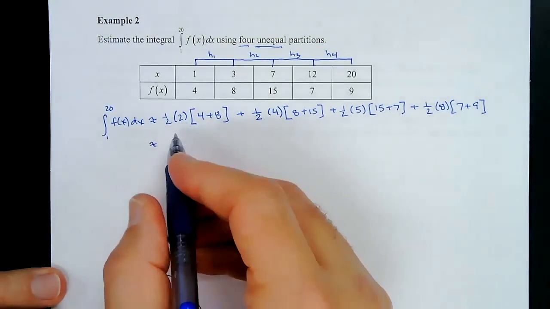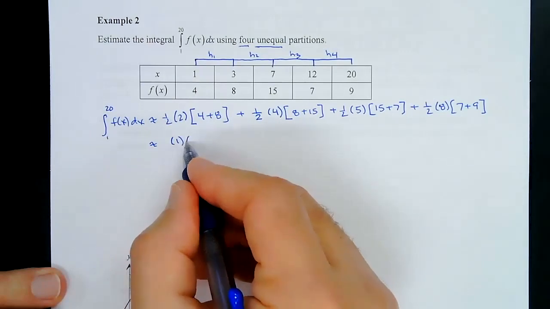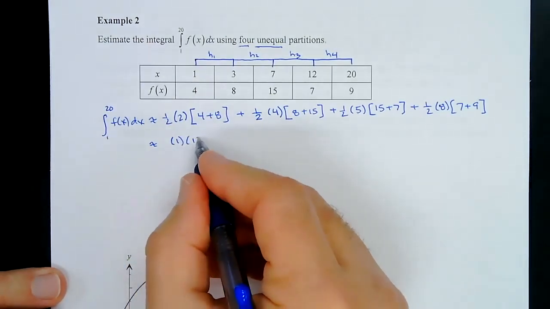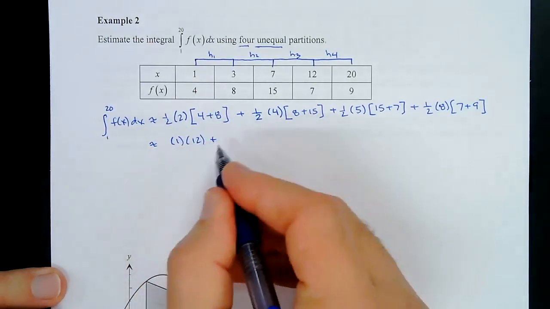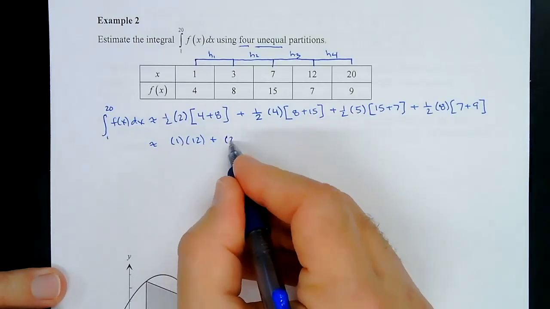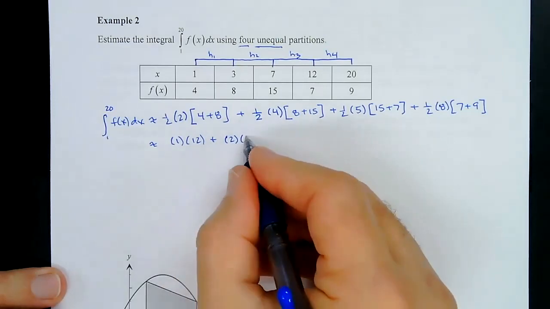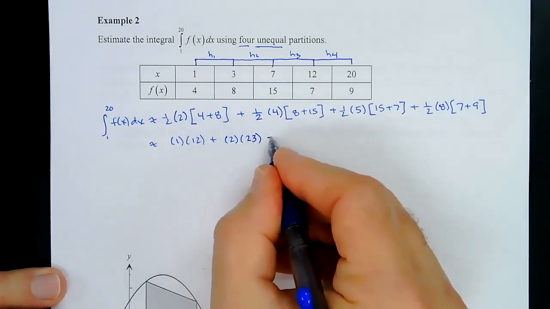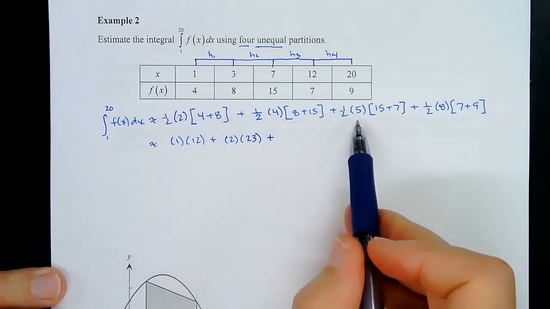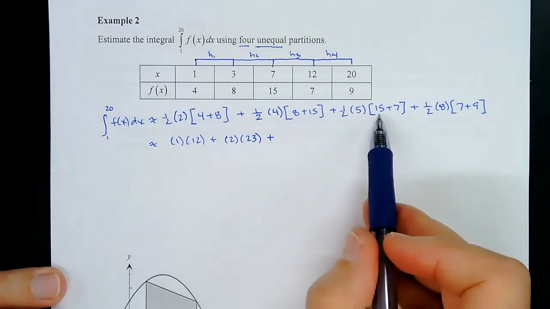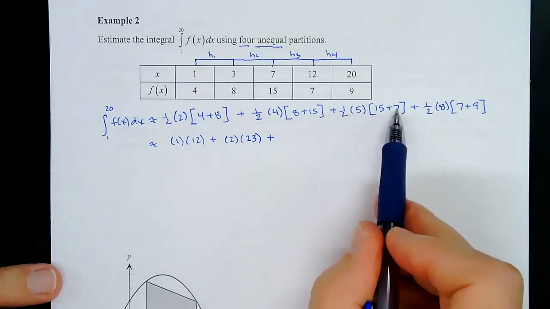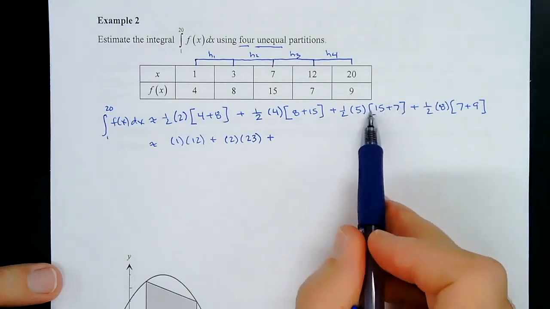Okay, so half of 2 would be 1 times, and this would be 12, plus, and half of 4 would be 2, times, and then 8 plus 15 would be 23. And then plus half of 5. Actually, maybe this will come out to be an even number and we'll be able to have that.